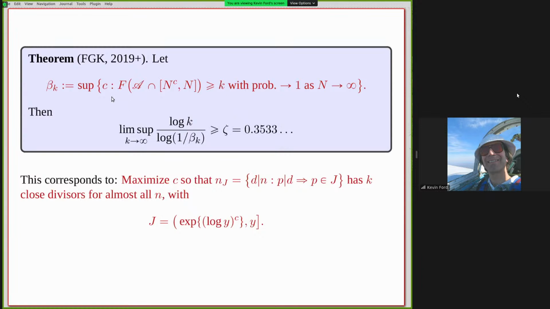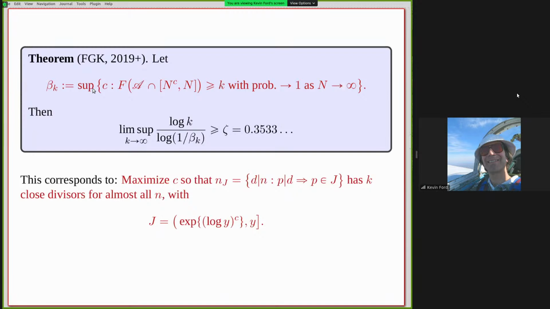A sub-problem, which is really the main problem of our paper, is the following, which is related to what I called idea number one from the Maier-Tenenbaum work. We focus on the integers in our set lying in an interval of this type, which corresponds to looking at divisors of a number composed only of prime factors from an interval.